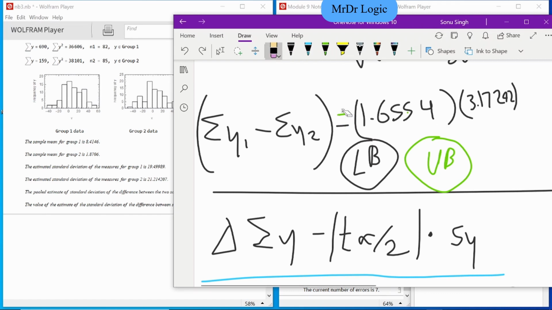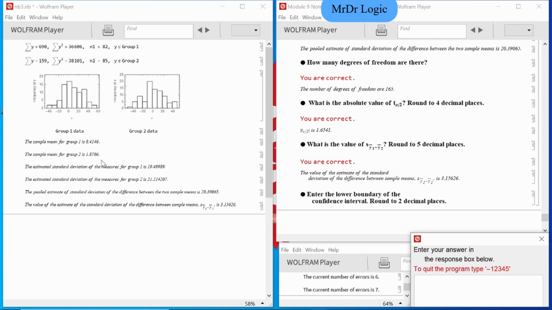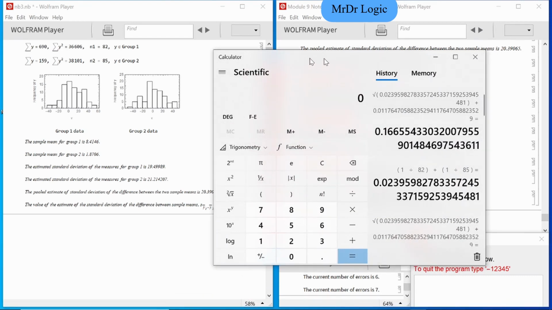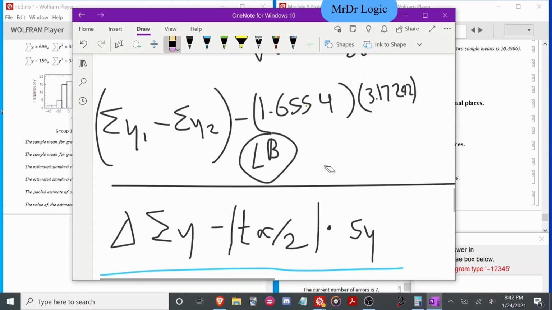We don't need this. We're only going to follow this formula. So you're just going to subtract these two. 8.4146 minus 1.8706. Okay, we found that.